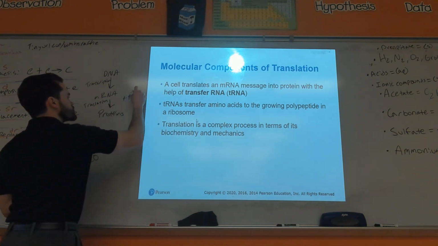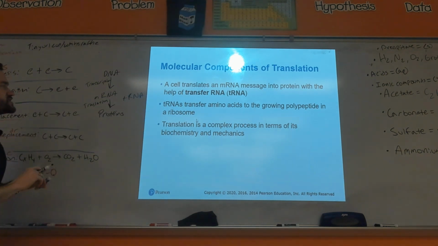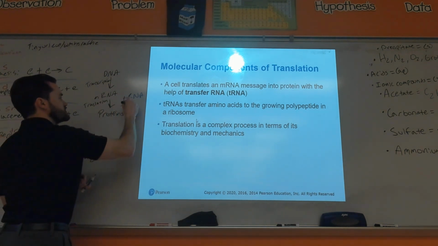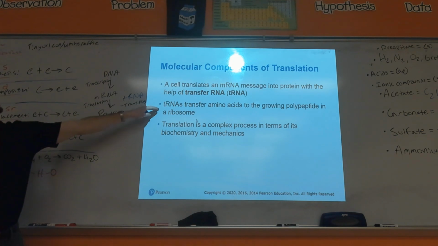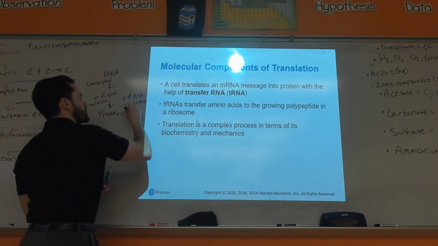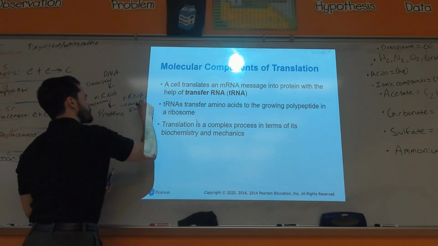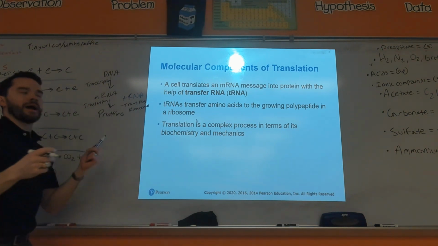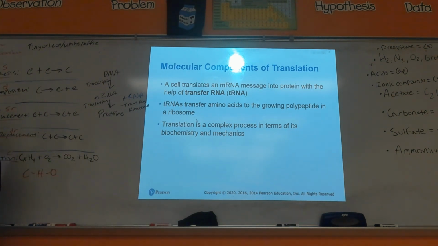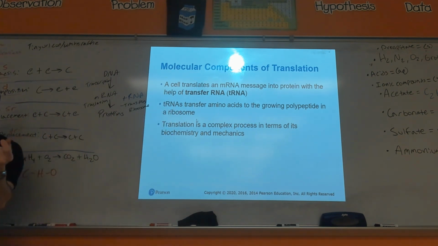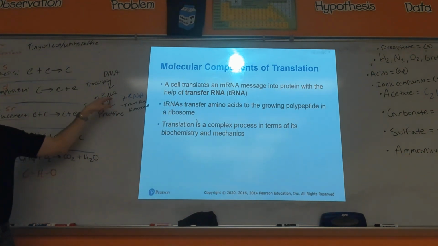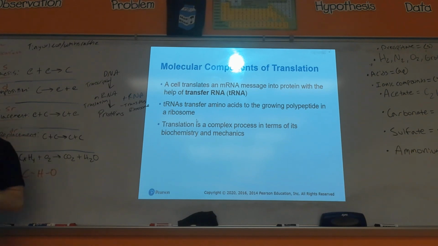The T stands for transfer RNA, and it's going to transfer the amino acids to what's called a ribosome. You've learned about ribosomes all the way since 7th grade or so. Ribosomes are like protein factories. They take the mRNA and use that to make your protein.